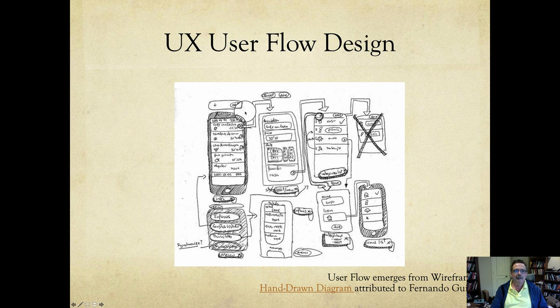But what's interesting here is, while it looks complicated, really all you're looking at is a bunch of screens on a smartphone. So if you start with a smartphone screen that looks like this over on the left, if the user presses this button, then this screen comes up.